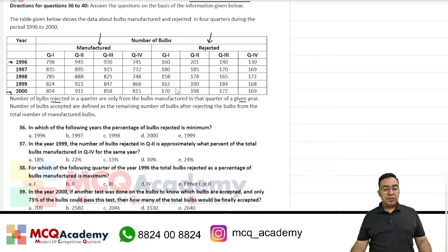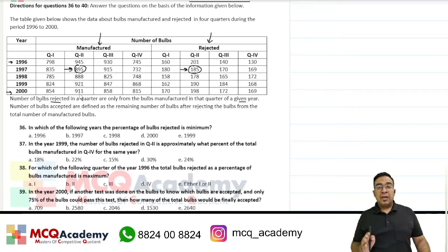So for example, quarter 2 में 895 बल्ब्स मैन्युफैक्चर हुए और 185 बल्ब्स रिजेक्ट हुए. तो these 185 बल्ब्स आर फ्रॉम these 895 बल्ब्स ओनली. इसमें पुराने कोई भी कैरी फॉरवर्ड बल्ब्स का इस्तेमाल नहीं किया गया है, उनका नंबर कंसिडरेशन में नहीं लिया गया है. इसके अलावा आपको दिया गया नंबर ऑफ बल्ब्स एक्सेप्टेड आर डिफाइंड एज द रिमेनिंग नंबर ऑफ बल्ब्स आफ्टर रिजेक्टिंग द बल्ब्स from the total number of manufactured bulbs from a given quarter.